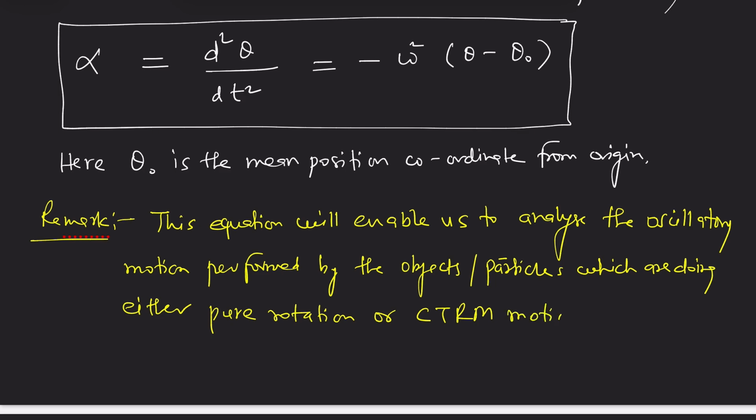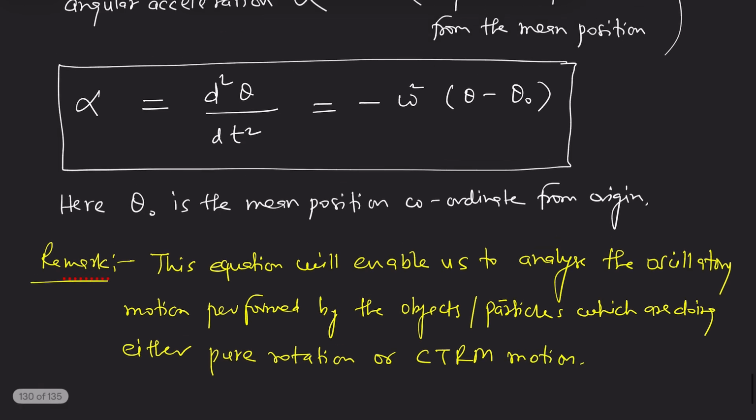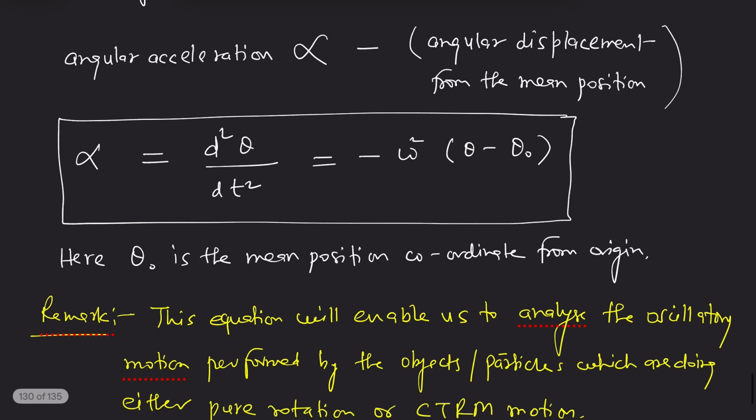So if someone is doing combined translatory and rotatory motion or pure rotation, then this equation will help us analyze those kinds of simple harmonic motion.